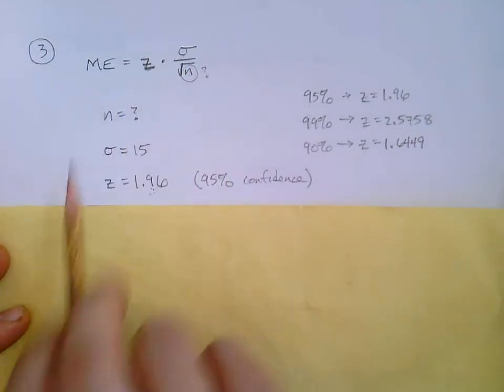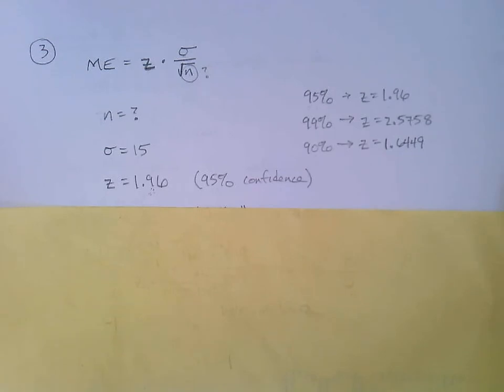We know sigma, we know z. What about margin of error? Okay, this is interesting. What's the margin of error in this example? And maybe you're looking, well, there's only one number left. The margin of error is the 3. How is it that the margin of error is the 3? So notice how that's phrased.